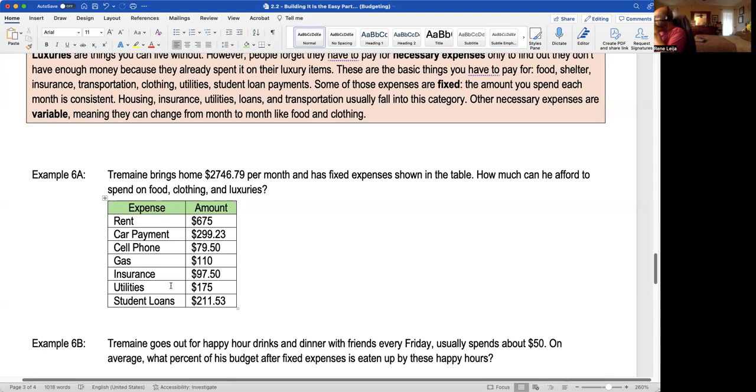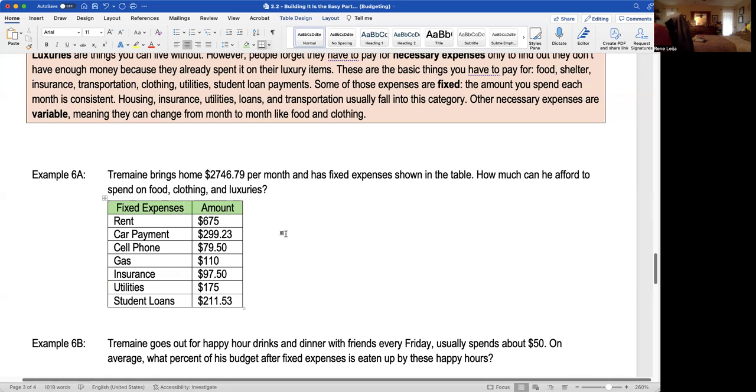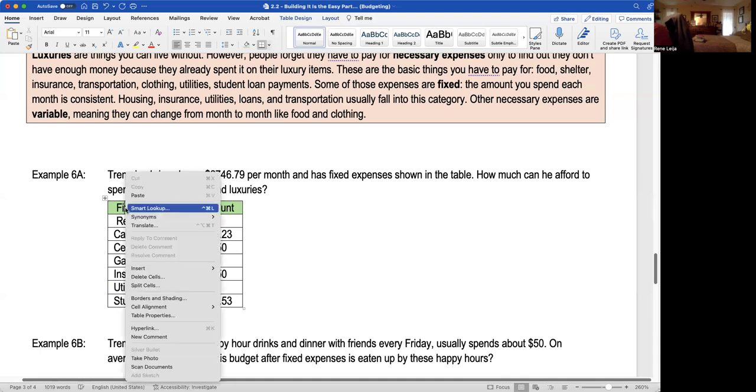So if these are fixed expenses, and let's go ahead and put this up here. So these are fixed expenses. That's what they told us. Okay. Then what I want to do, let me see.